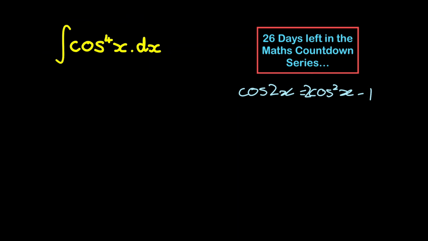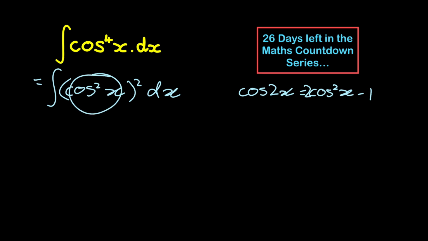So the first thing we're going to do with this integral is write cosine squared of x, squared, because it's the same as cosine to the fourth power of x. What I'm saying is we have the integral of cosine squared of x, squared, dx, and you can see that's the same thing. This allows us to re-express cosine squared of x in terms of its double angle.